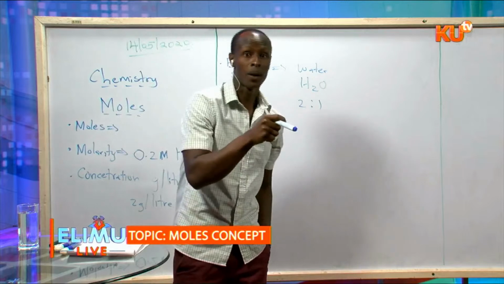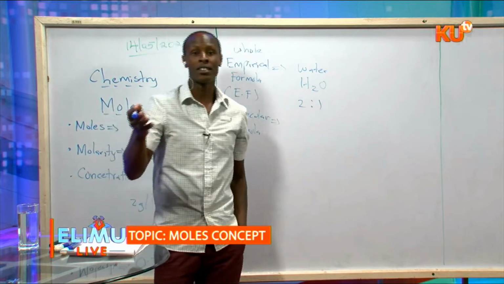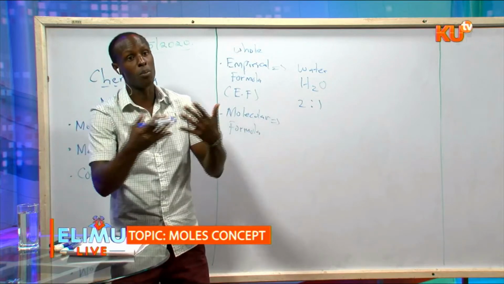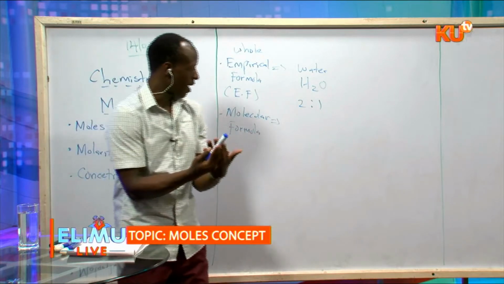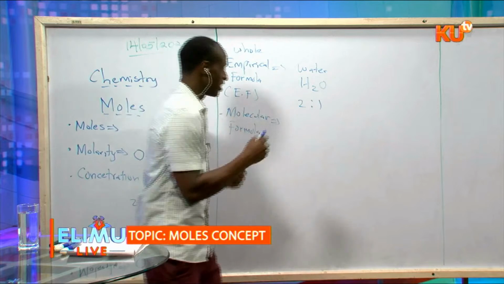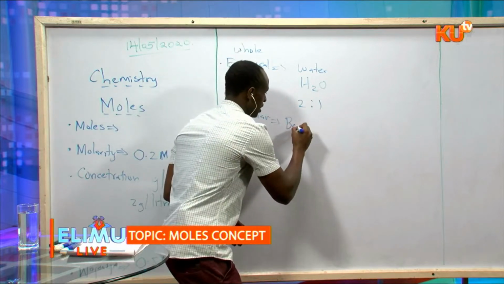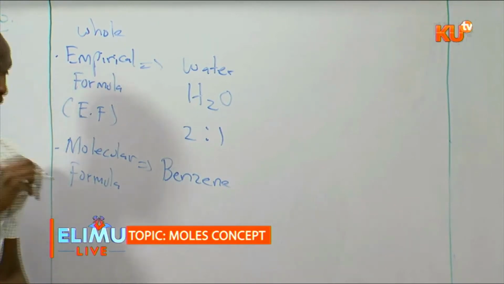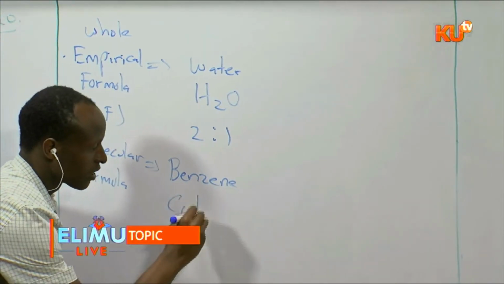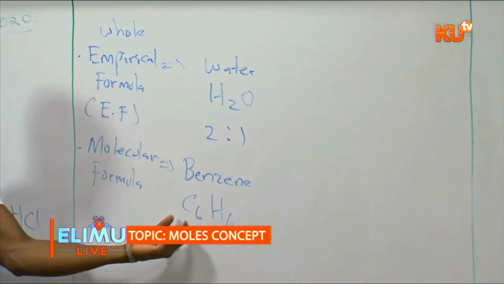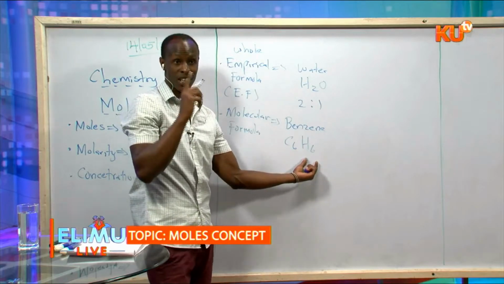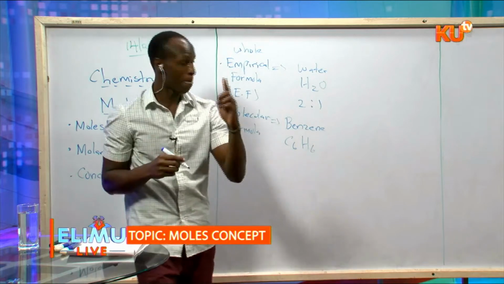Back to your Form 1 work, you define a compound. It's a substance made up of 2 or more atoms which have combined chemically. Let me give you a good example. Benzene. The molecular formula of benzene is C6H6. Six carbon atoms combining with 6 hydrogen atoms.